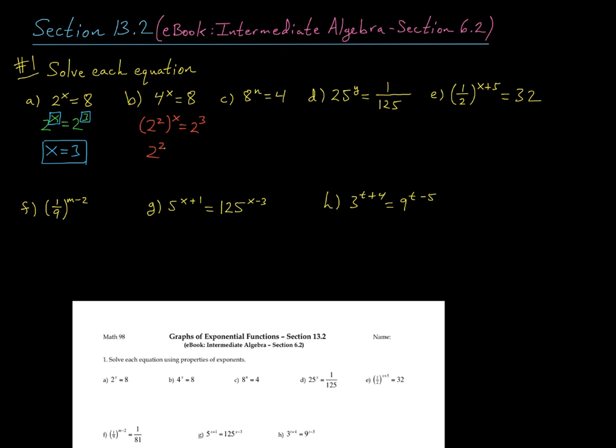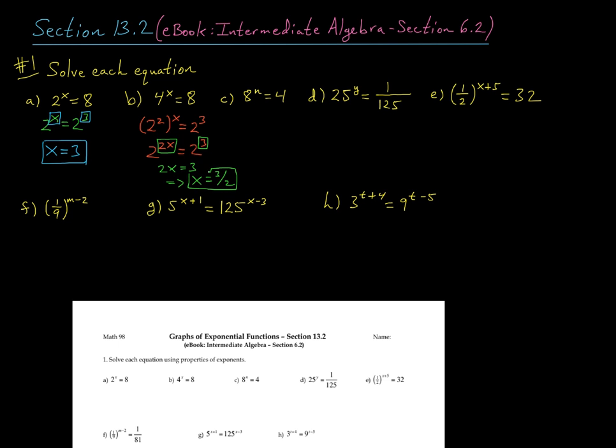So that's really just 2 to the 2x is equal to 2 to the third. And then again, these exponents must be the same because the bases of the two expressions are equal. So I have 2x is equal to 3.